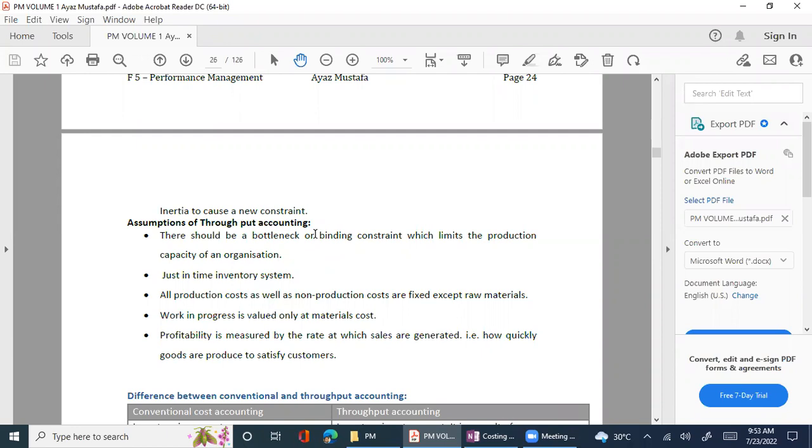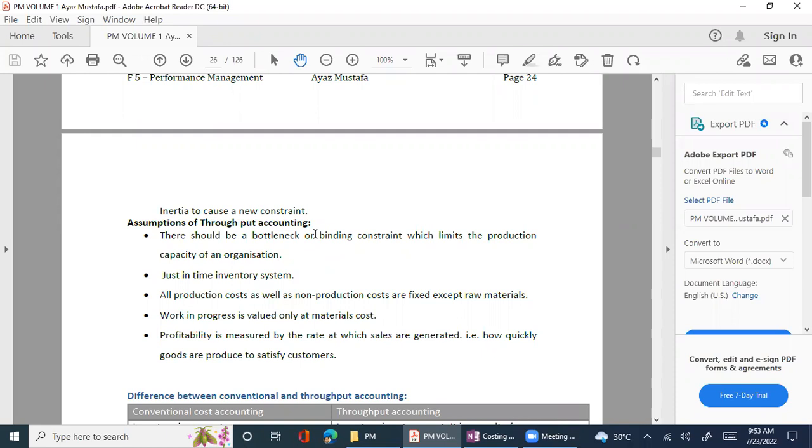All production costs as well as non-production costs are fixed except raw material, as I have already told. Work in process is valued only at material cost because the variable cost is only material cost.